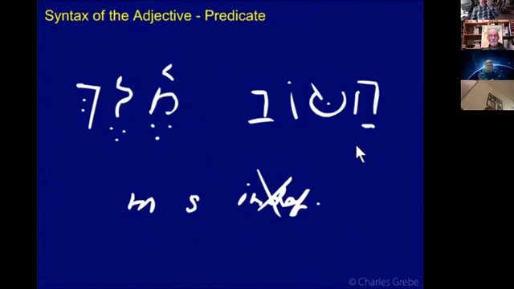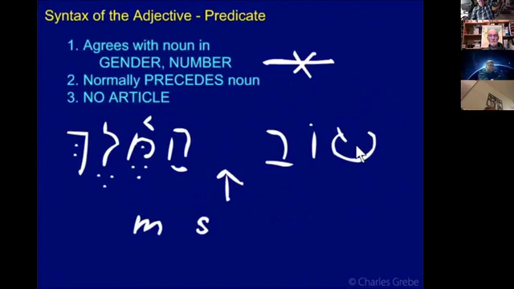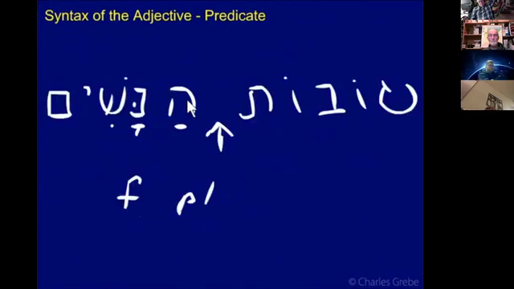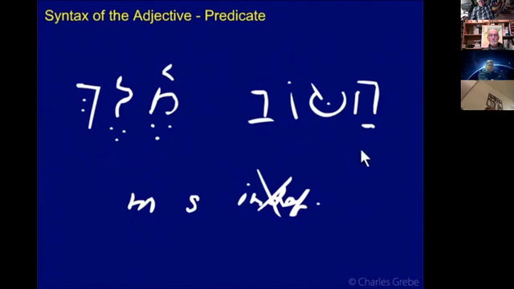Predicate doesn't say anything about definite status, right? But predicate does say something. One more rule says there can be no article on the adjective. Here, the adjective has the article, so it can't be predicate either. So it's not attributive, it's not predicate. I don't know whether you would find this in Hebrew, back to back like this.